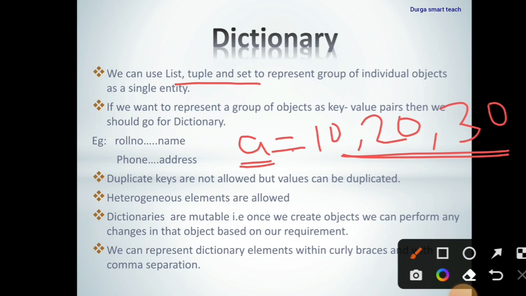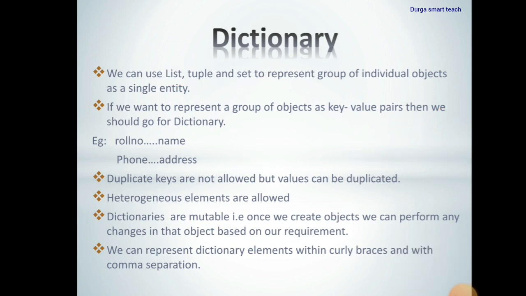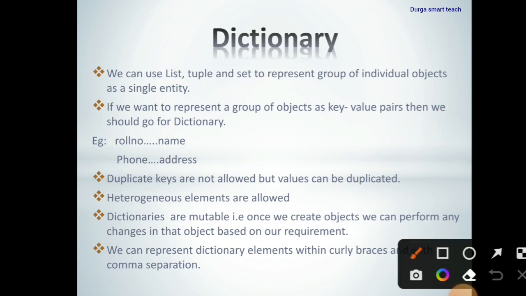If you want to represent a group of individual objects in a single entity, you can use list, tuple and set. But if you want to represent a group of objects as key and value pairs, then you should go for dictionary.